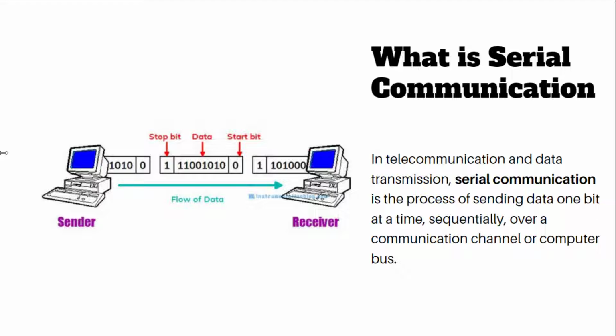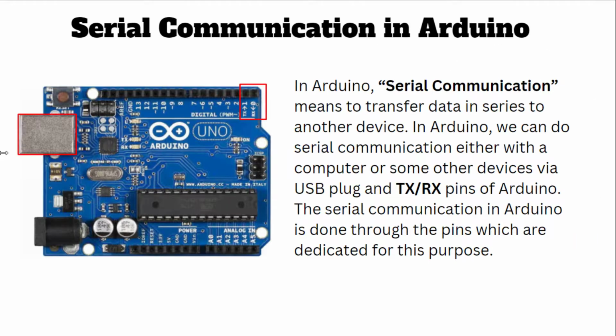Typical examples of baud rates are 4800, 9600, 19200, and so on. Now in serial communication, a minimum of 3 lines are used for communication. These are the transmitting line TX, the receiving line RX, and the ground GND.